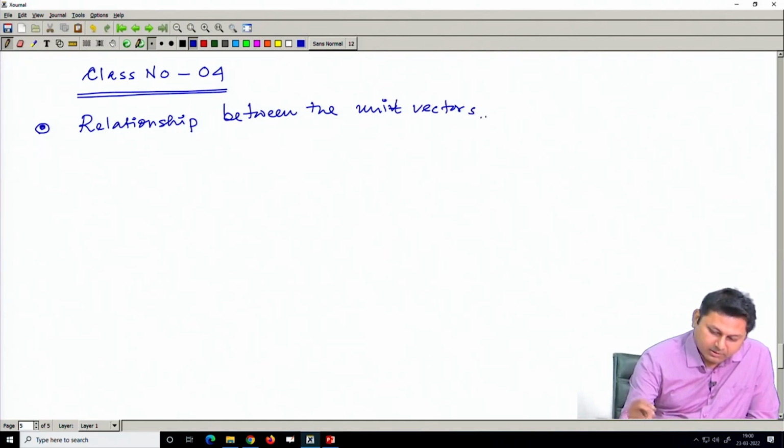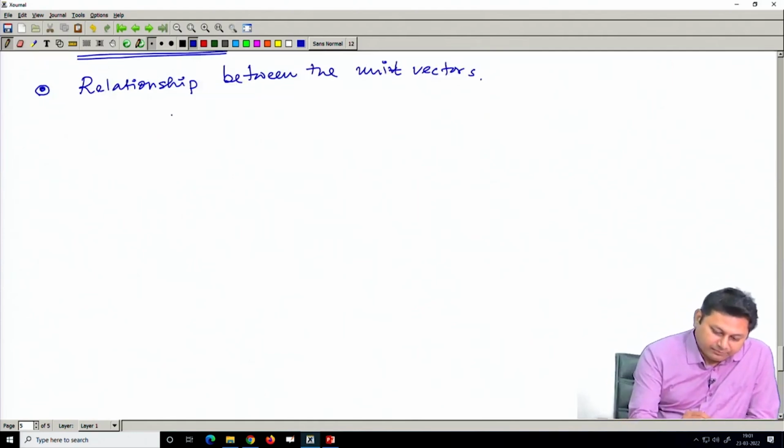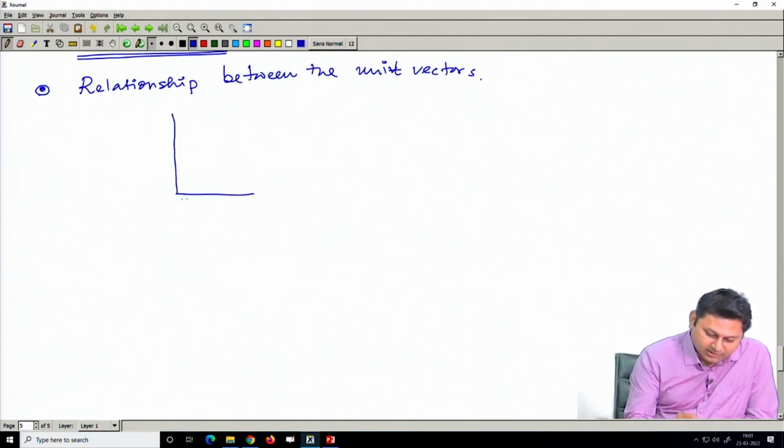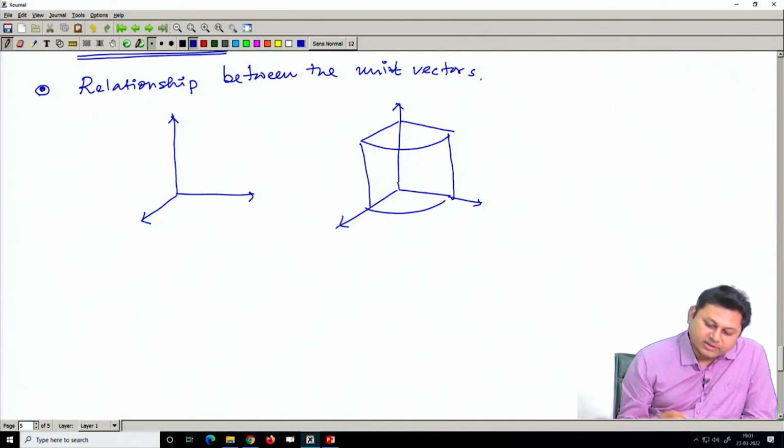Unit vectors, because in the Cartesian coordinate system we have, say this is my Cartesian coordinate system, and in the same basis if I draw, I am having a cylindrical coordinate system like this.